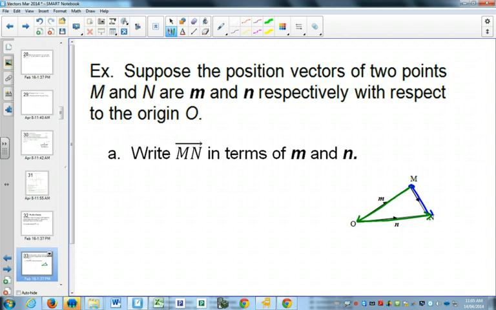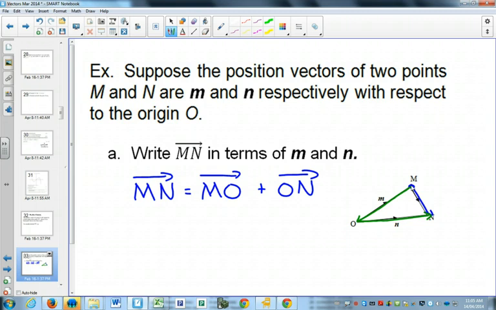Often you want to take the most direct path, but it would still get you to the same place. So if I wanted to go from M to N, I could first go from M to O, and then go from O to N.